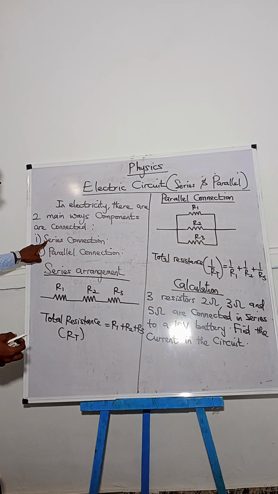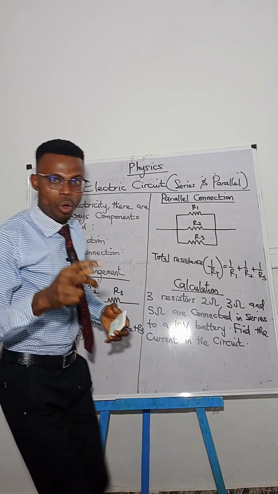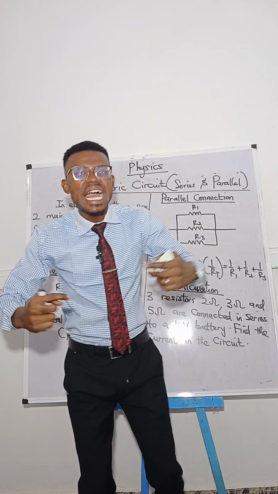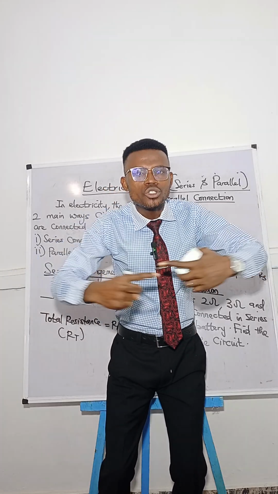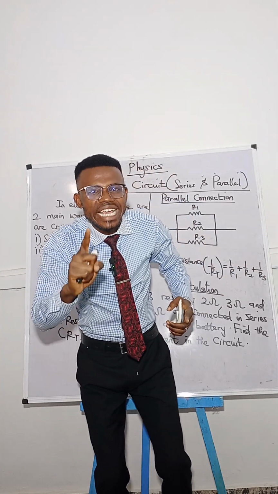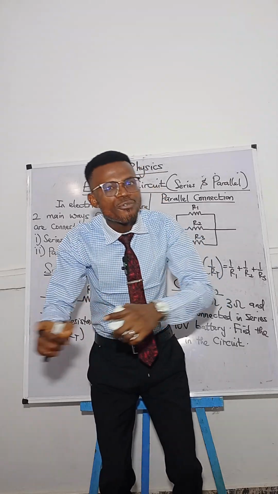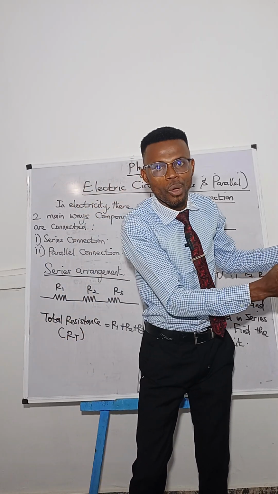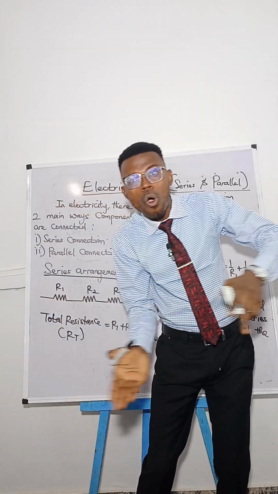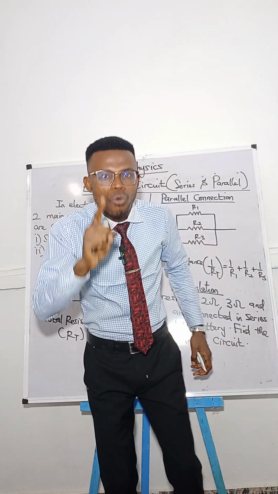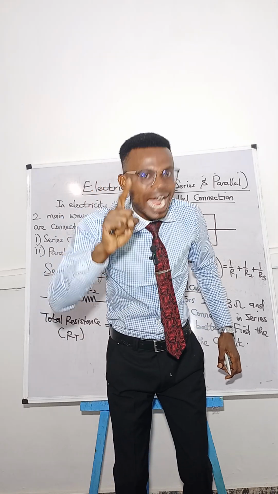Now, what do I mean by series connection? In a series connection, the components are connected end to end, such that there is only one path for current to flow. What that means is that the same current flows through all the components while the voltage is shared across.